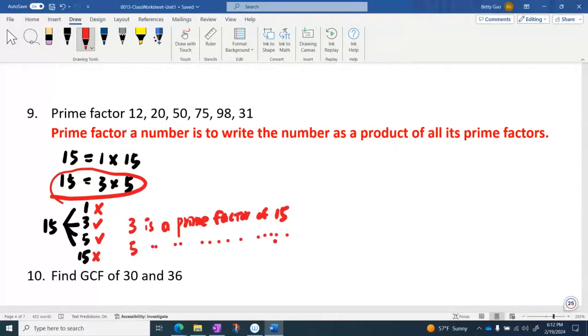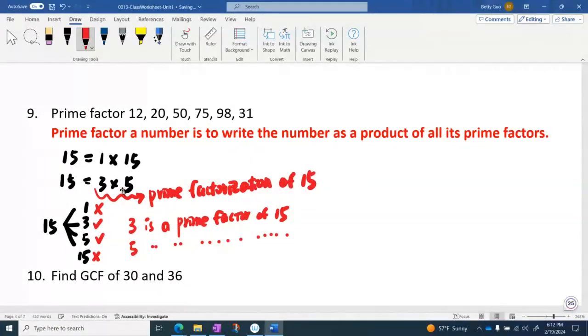We write 15 as the product of all its prime factors. And the right-hand side only, this product, is the prime factorization of 15. All right?